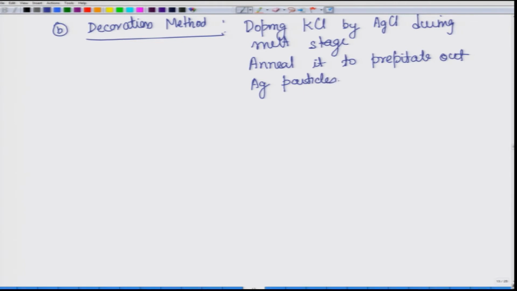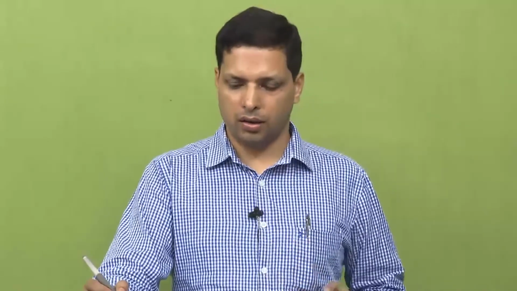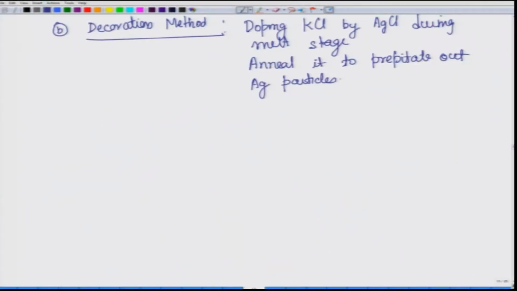And where will it preferentially precipitate? Obviously on dislocations, near the dislocation core, because that is the large free volume area where the additional particles can easily come and attach. We will talk more about it in the next part of the course, where we talk about the plasticity aspect.